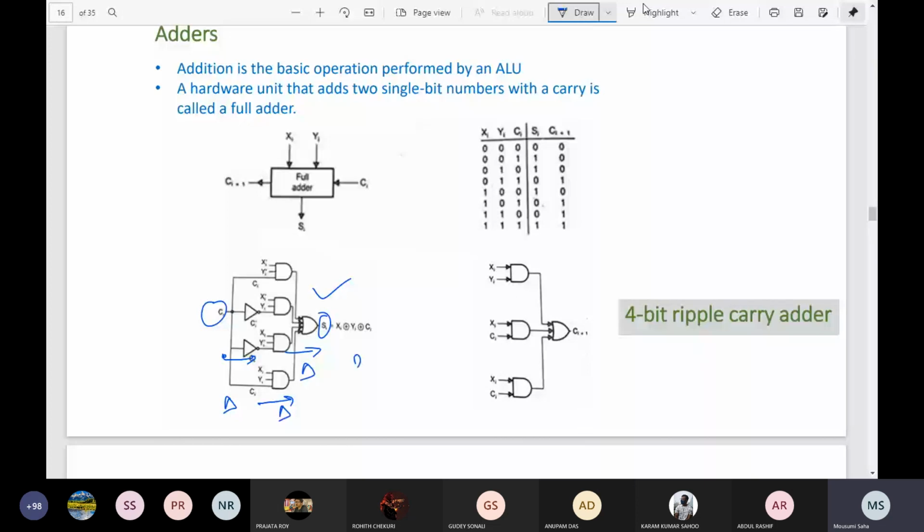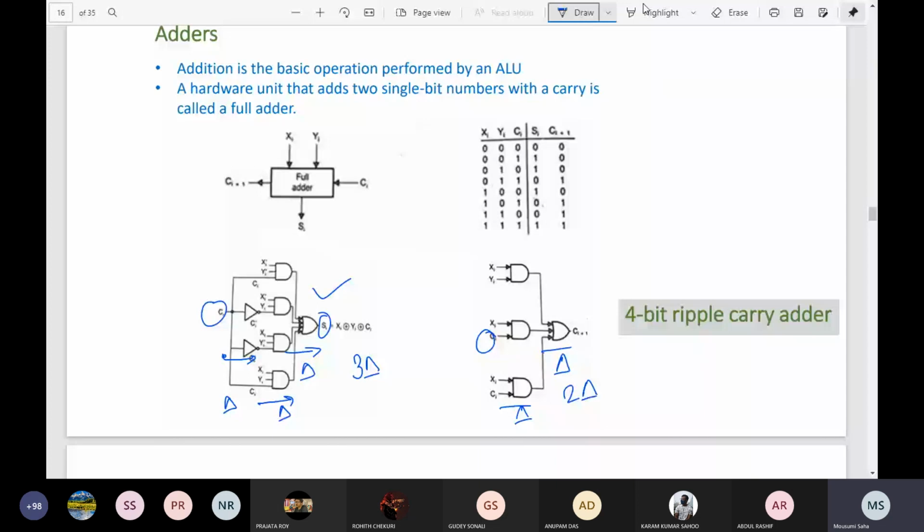So we can say it will require 3 delta time. Now for the carry, from C0 to C1 or C1 to C2, whatever it is, it will only require 2 delta time, because it is an AND OR structure. From here to here it will take delta time, and from here to here another delta time. So you will require 2 delta time.